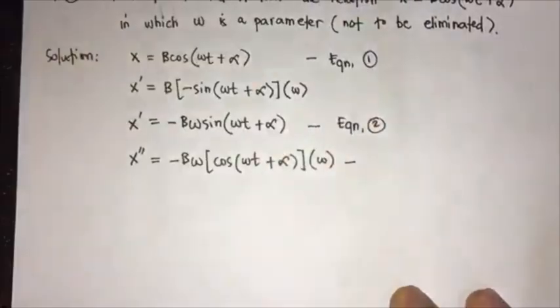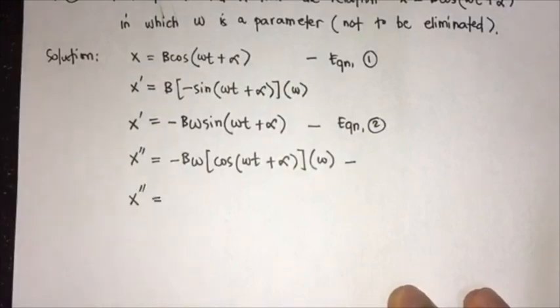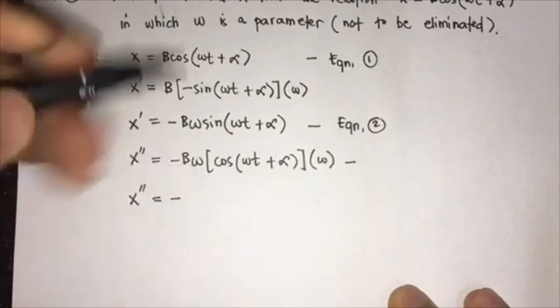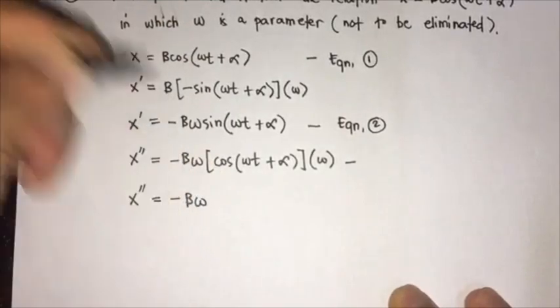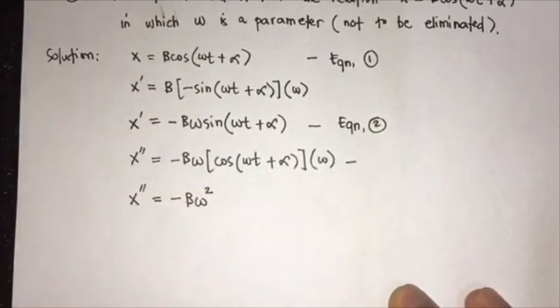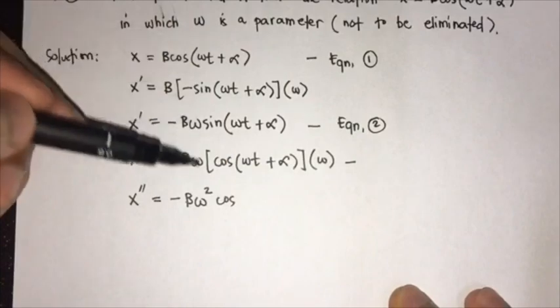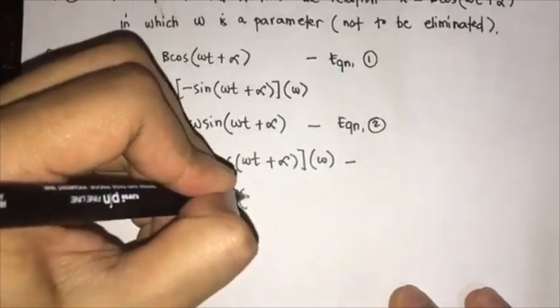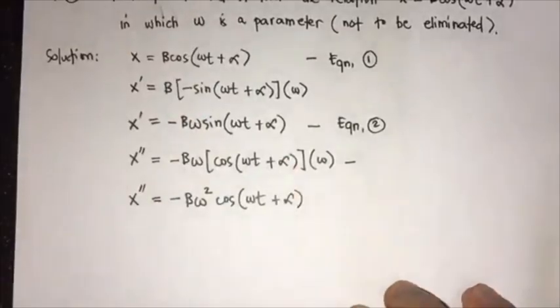Simplifying first, x double prime is equal to negative b omega squared cosine of omega t plus alpha.